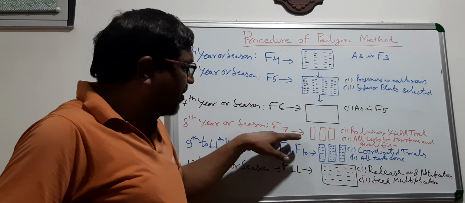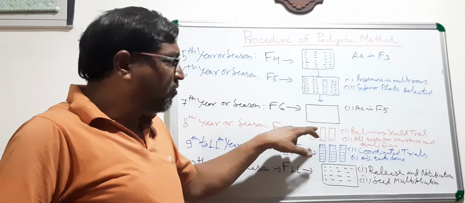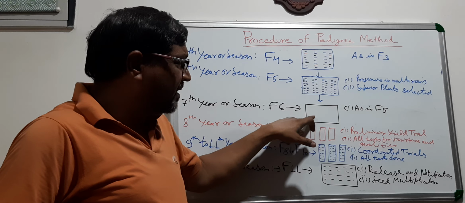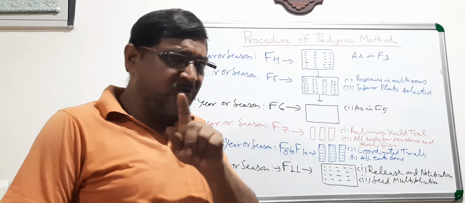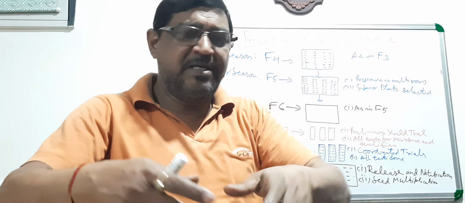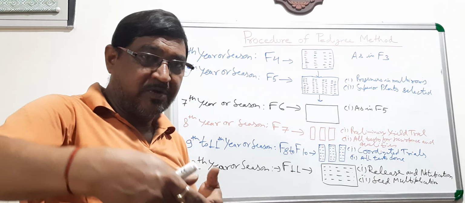So you can go for preliminary yield trial. Why? If a larger number of seeds is required, you can remove the plant which is variant, and other plants can be harvested in bulk in the F6 generation in that progeny.